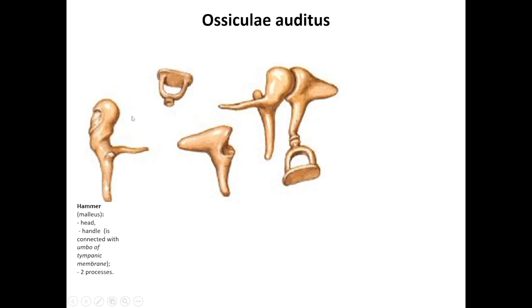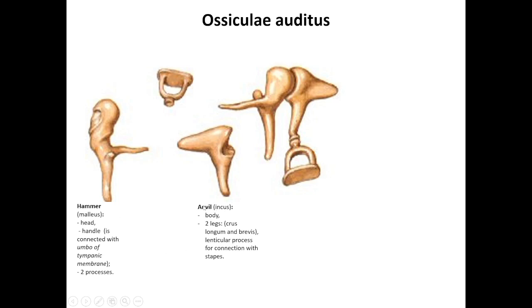It has a head, it has a handle, and the handle is connected with the umbo of the tympanic membrane. And also it has two processes. This one and this one.